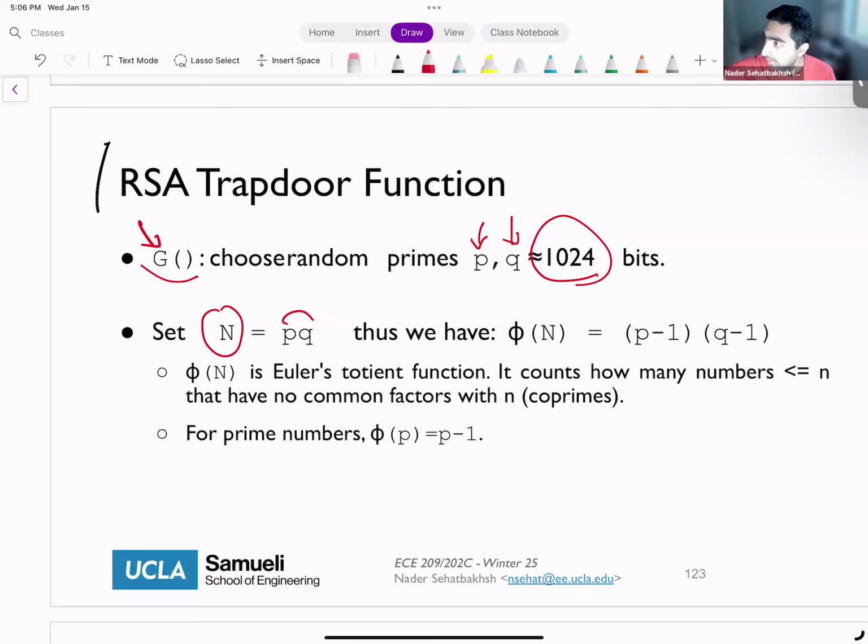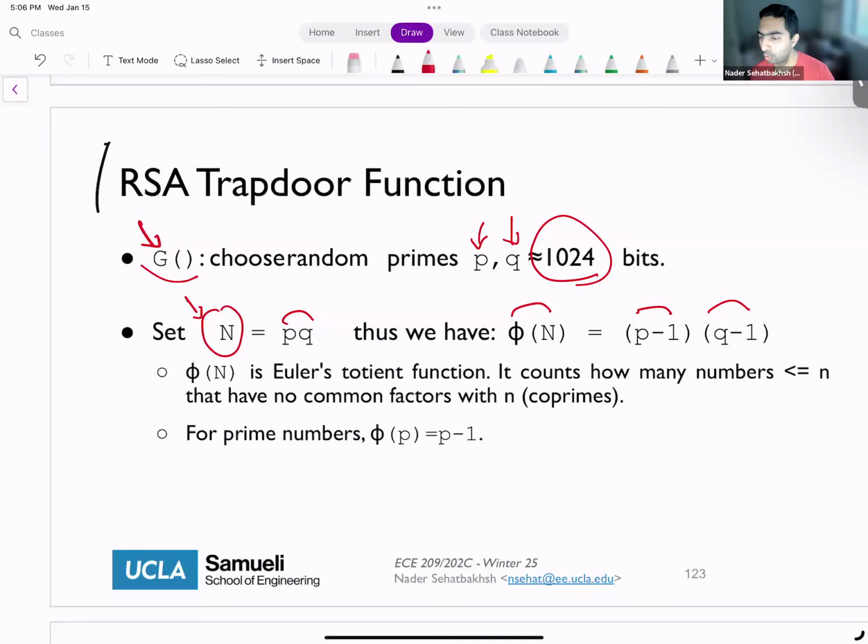Once we have N, there is an interesting property: phi of N is equal to (P-1) times (Q-1). What is phi of N? For those of you who know a little bit of math, this is what we call the Euler function. The Euler function essentially counts how many numbers smaller than or equal to N have no common factor with N.